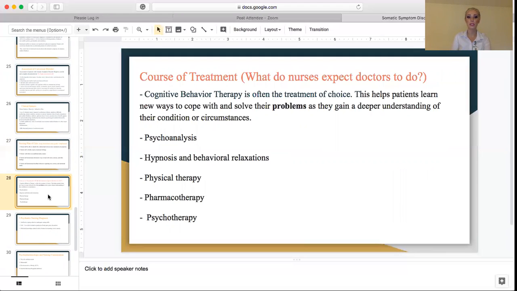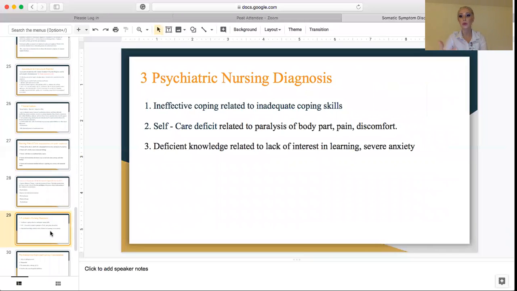Psychoanalysis, hypnosis, behavioral relaxations, physical therapy, pharmacotherapy, psychotherapy, these are all courses of treatment that we would expect doctors to give. The nursing diagnosis, ineffective coping related to inadequate coping skills, self-care deficit, which could be related to paralysis of the body, pain, discomfort, deficient knowledge related to lack of interest in learning and severe anxiety.